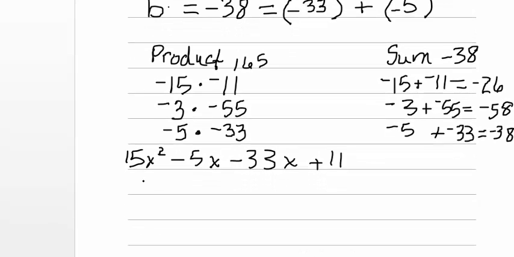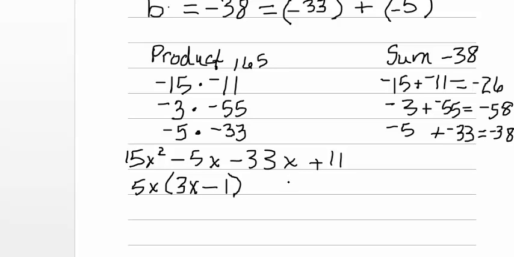And I'm going to factor by grouping. These first two terms are my first group, and the GCF, greatest common factor, of these two terms is 5x. So 5x times 3x gives me 15x squared, and 5x times minus 1 gives me a minus 5x.